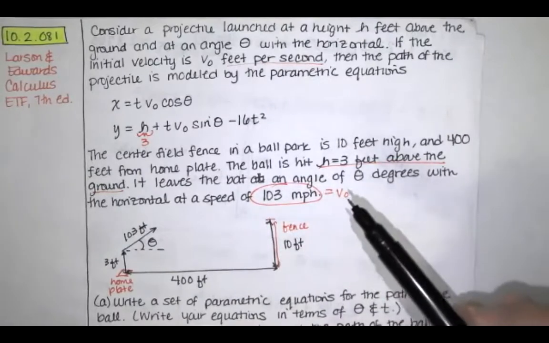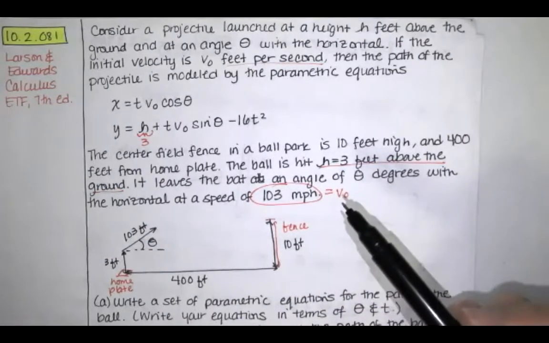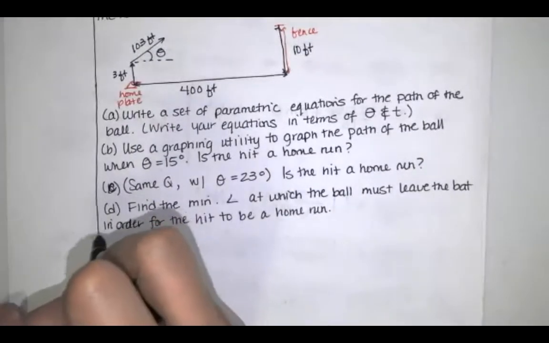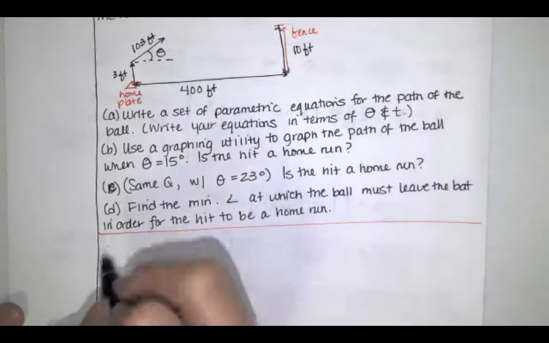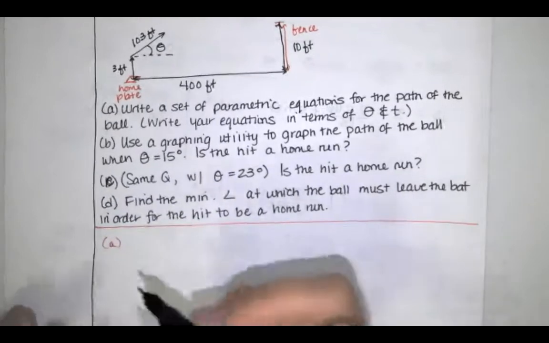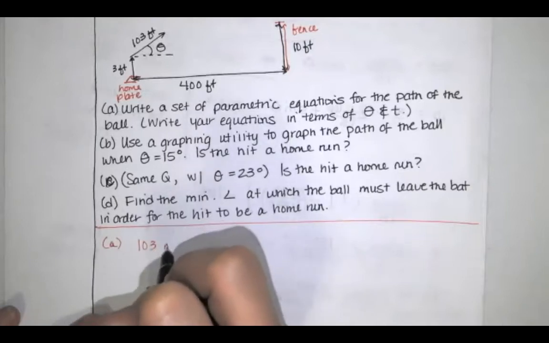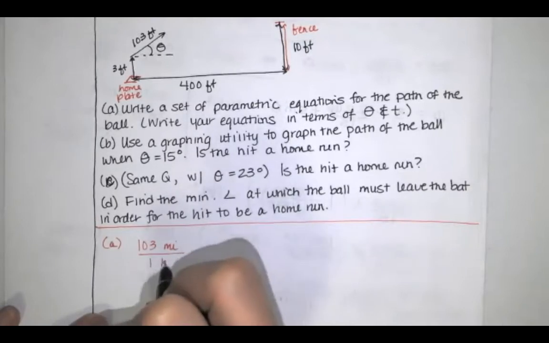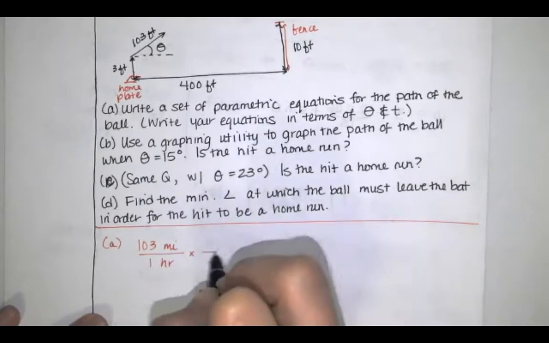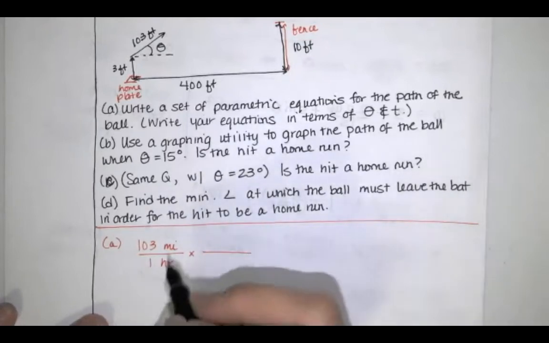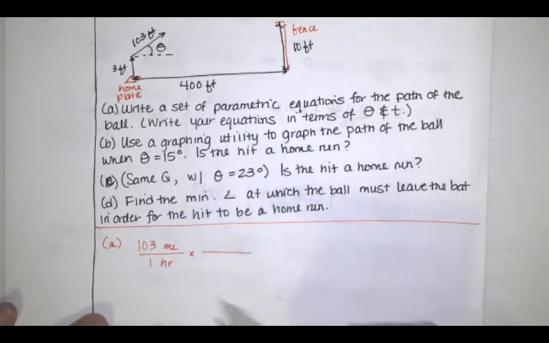We need that in feet per second. So we're going to have to do a little bit of dimensional analysis to convert from miles per hour to feet per second. This actually isn't too bad at all. It's pretty straightforward. We're taking 103 miles per hour, and then we're going to multiply as necessary in order to get rid of these units and get to a number of feet per second.